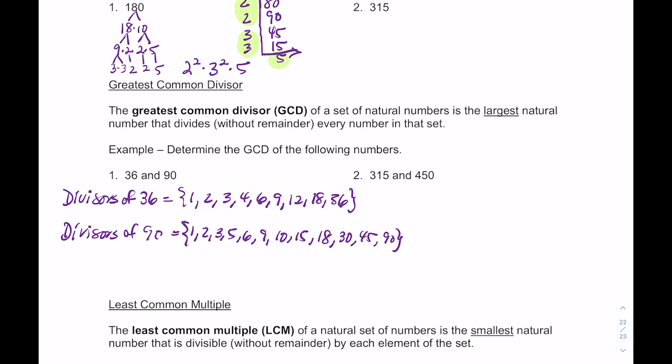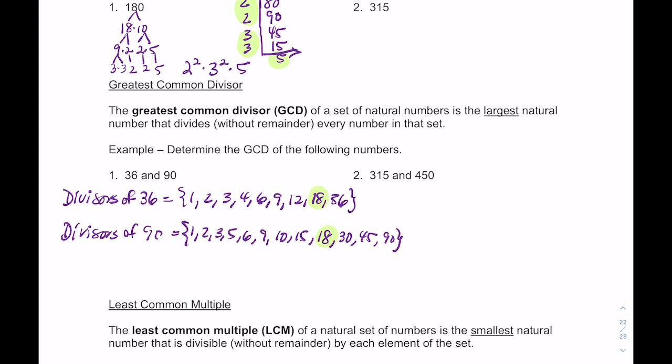And I don't think I missed any. Now we got to look and see what's the greatest of the divisors that they have in common. So if I go through this, it looks like 18 would be the greatest one in common.